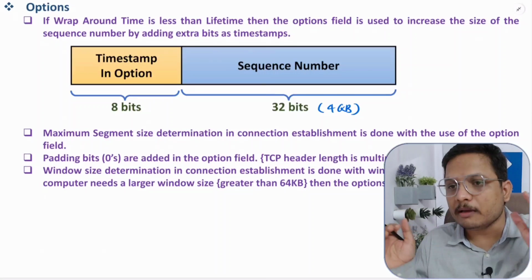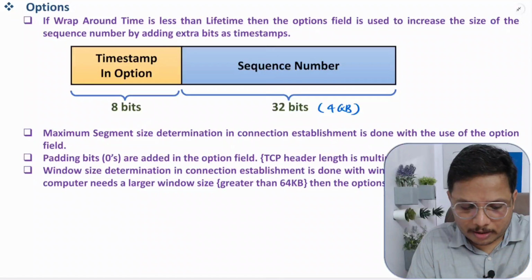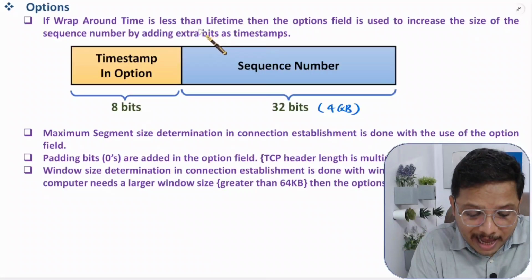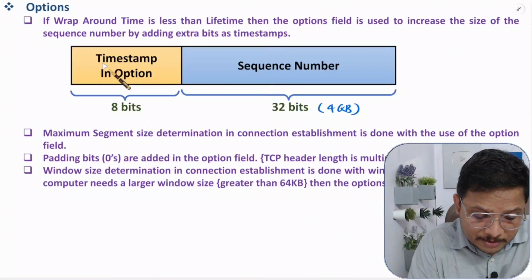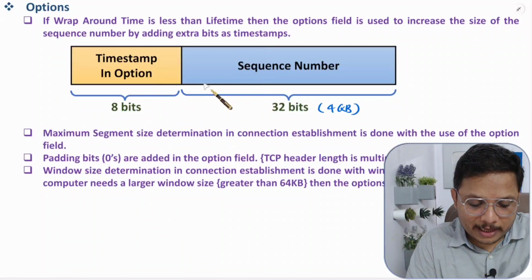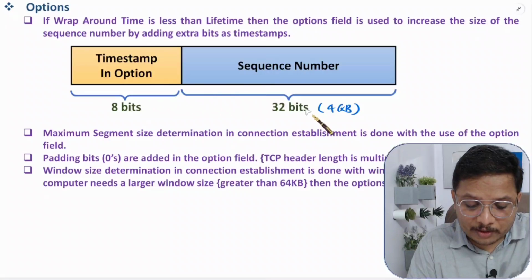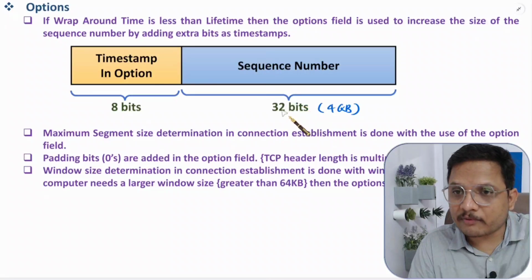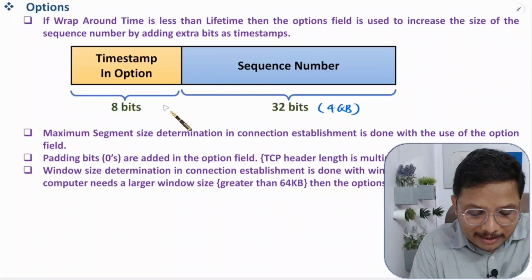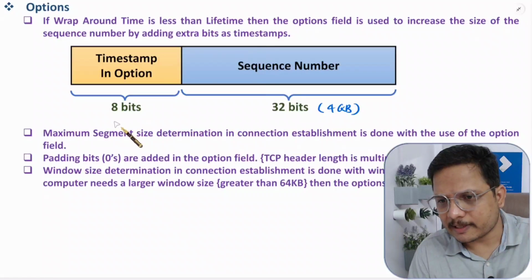Then only will proper data communication happen. So to make sure the wraparound time is higher than the lifetime, a timestamp will be used in the options field, right? And this option field says the sequence number is not only 32 bits, it will be greater than that. See, this is the basic case that we have already seen.